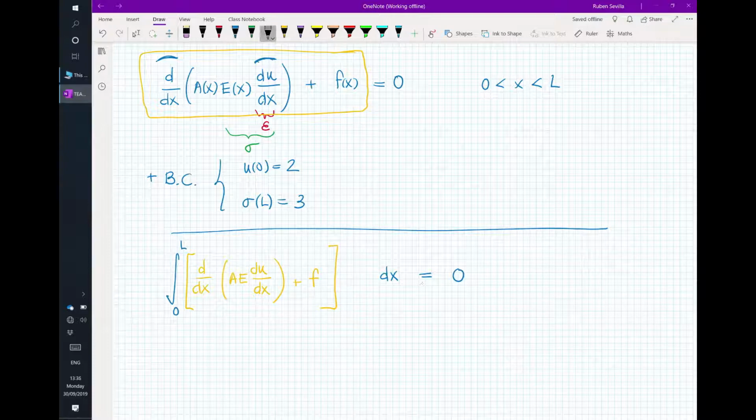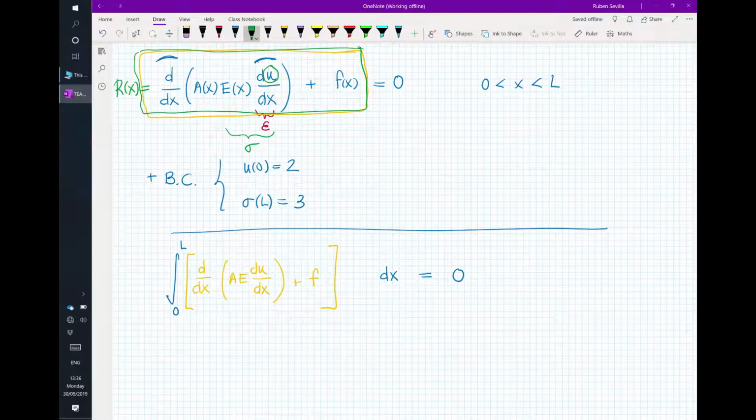Yeah, let's think that this guy here is a function, isn't it? The displacement depends on the position, correct? So it's a function of x. That means that when I do this equilibrium here, what I have is a function. My objective is to find the displacement that, when you plug it into the top, you get residual equal to 0. R comes from residual.